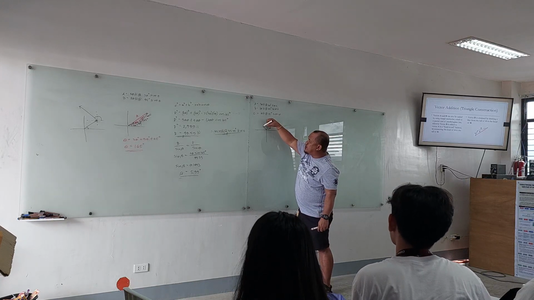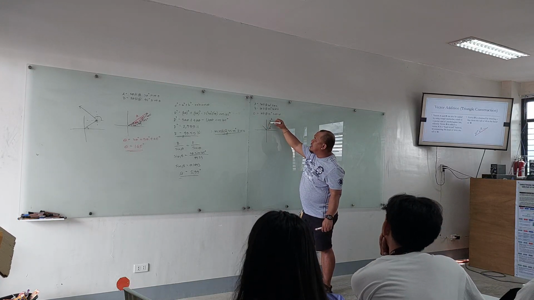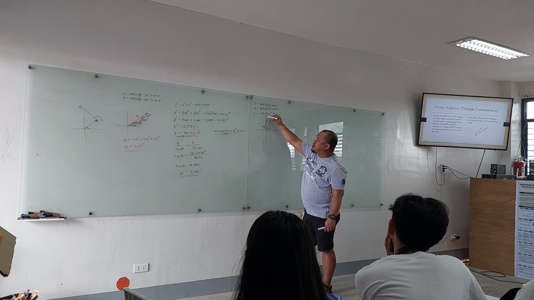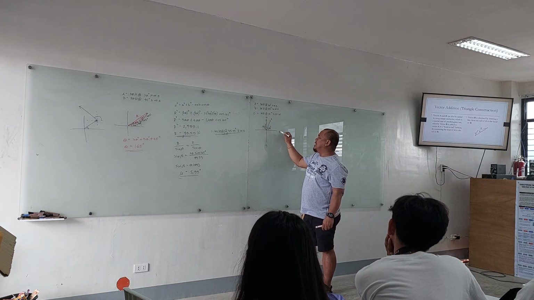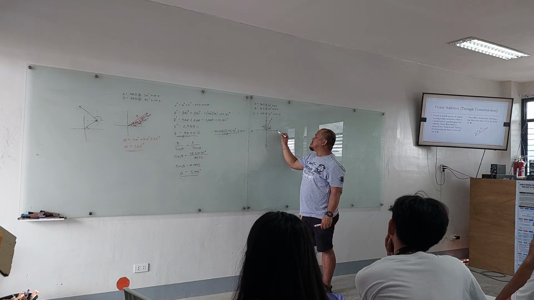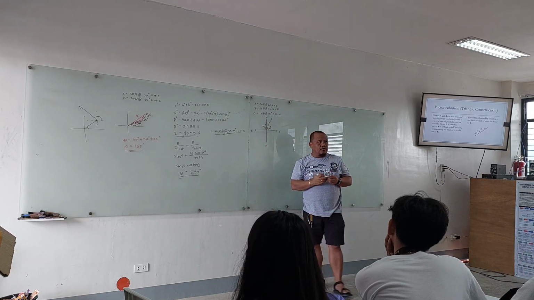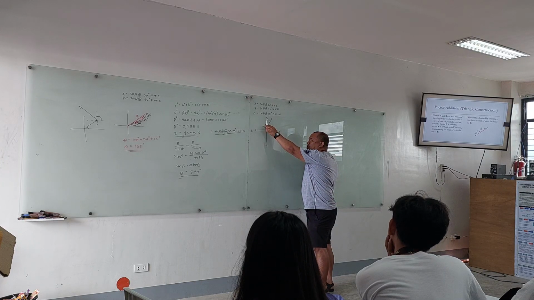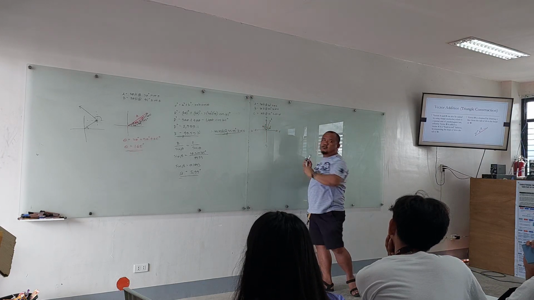North, south, east, and west: 45 degrees west of north means from north, towards west, 45 degrees.